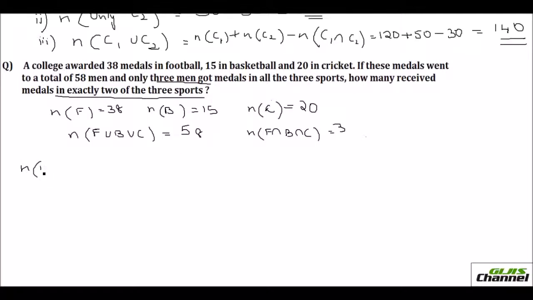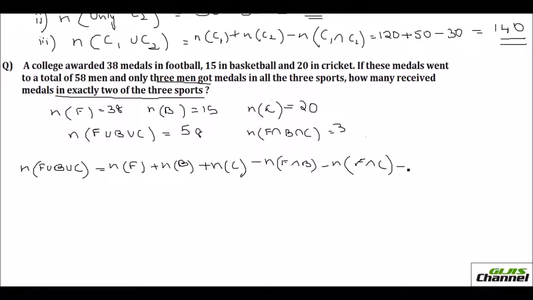So as per the formula, N of F union B union C is equal to N of F plus N of B plus N of C minus N of F intersection B minus N of F intersection C minus N of B intersection C plus N of F intersection B intersection C. Okay, let me apply the values.